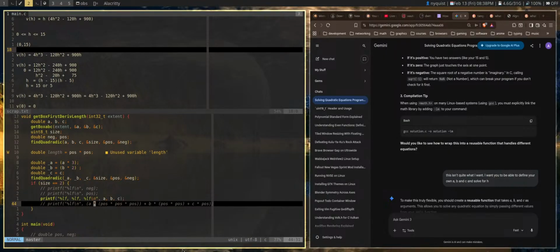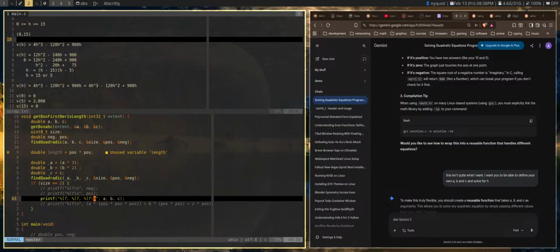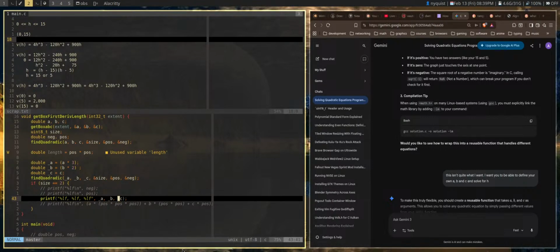Oh shoot, but it's still not right because I really have to be using this and then solve, I believe. Yeah, I think 12, negative 240.